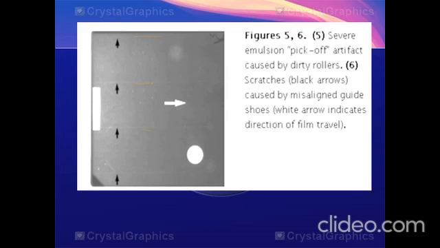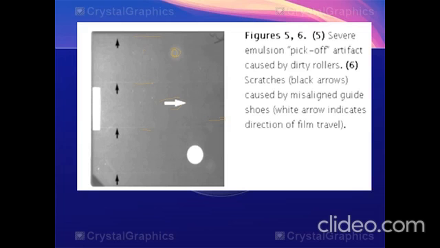Okay? These are the spots. This is the decreased optical density. And then there are also parts of increased optical density. They are also caused by dirty rollers. The white arrow here indicates the direction of film travel. So our film is going this way.